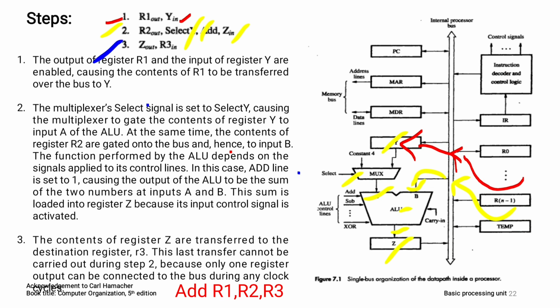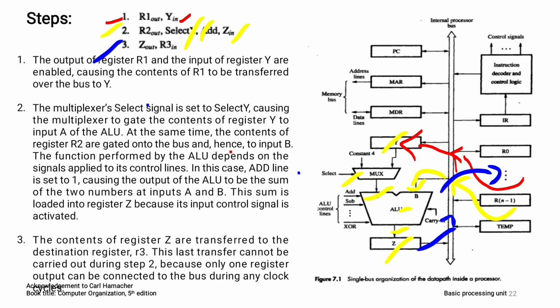In the third control step, Z out means the result which was in the Z register is put onto the processor bus. R3 in means that it is copied to the R3 register. This is how R1 plus R2 are added and the result is stored in R3. This is how an arithmetic operation takes place inside the processor.